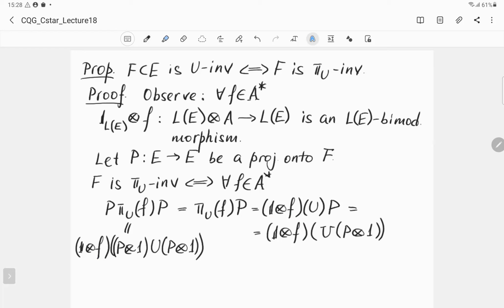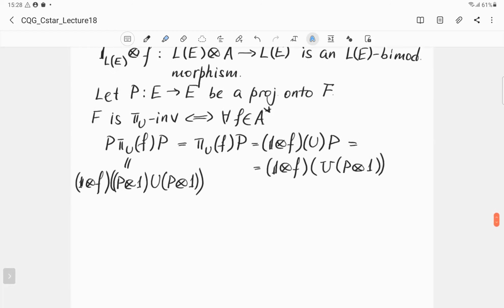And so these two elements are the same for each F if and only if this element is equal to this element: pi tensor 1 U pi tensor 1 equals U pi tensor 1.